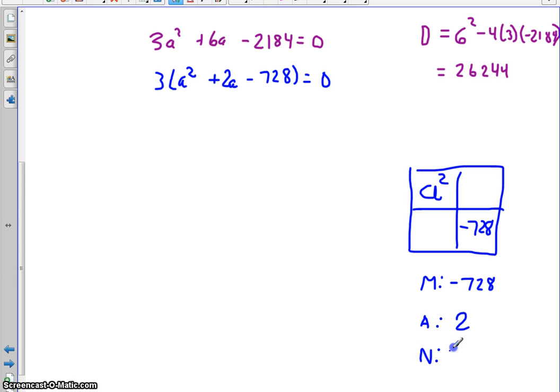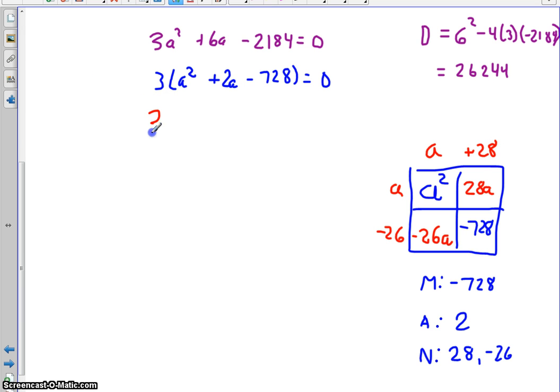It turns out those two numbers are going to be 28 and negative 26. So that gives me 28a, negative 26a. So I get a minus 26 and a plus 28.